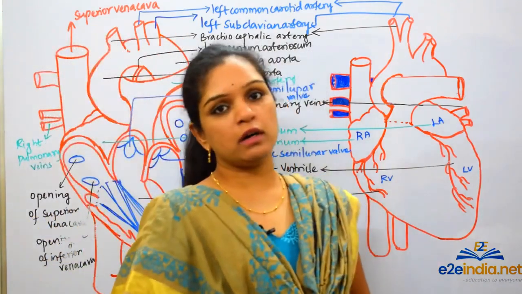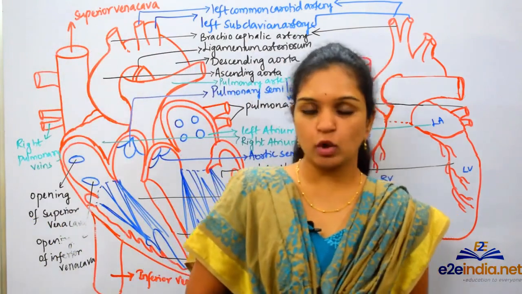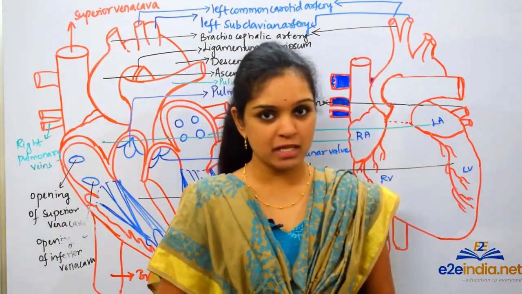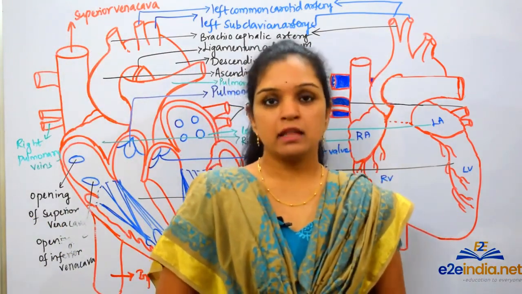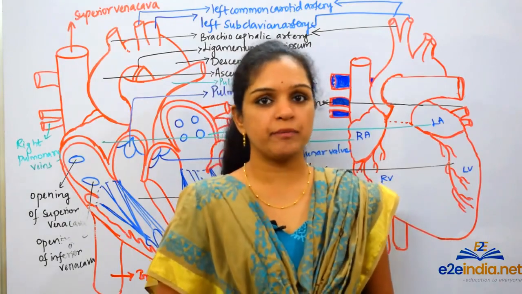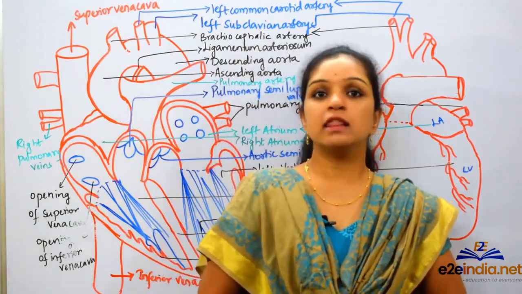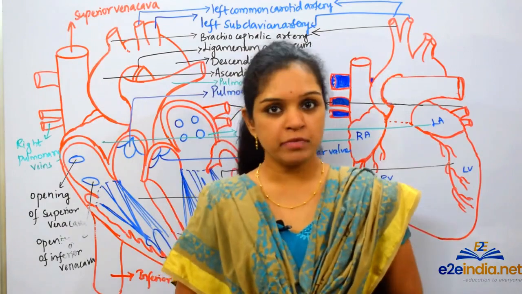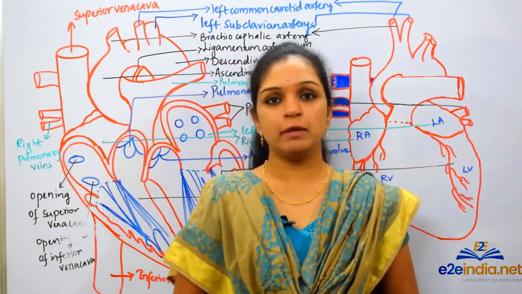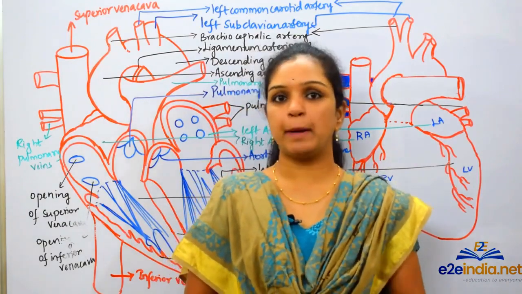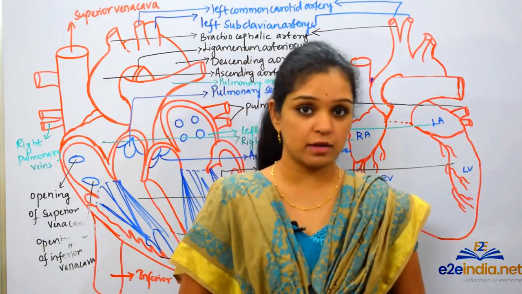Before going into the detailed explanation of the structure of the human heart, let us say the human circulatory system is also called the cardiovascular system, which comprises the blood vessels along with the pumping organ called the heart.